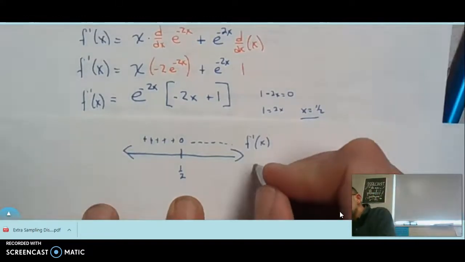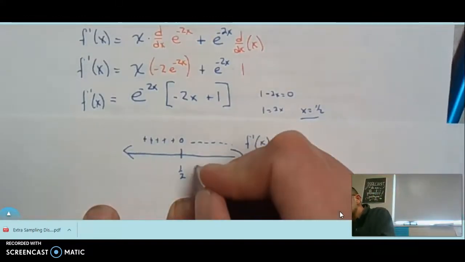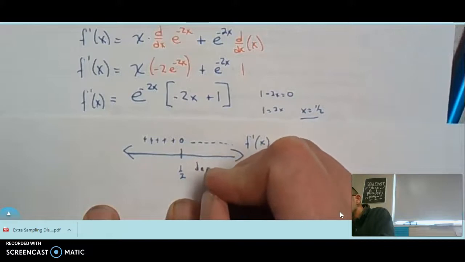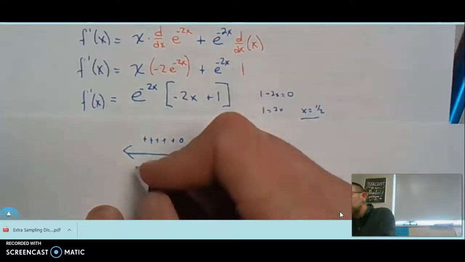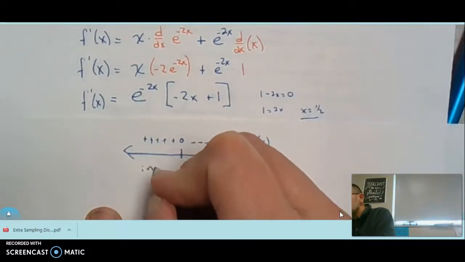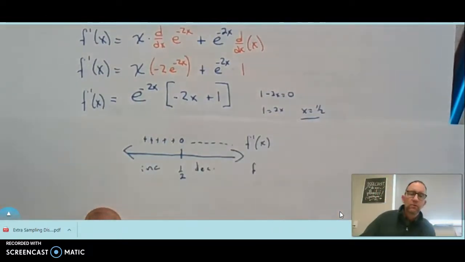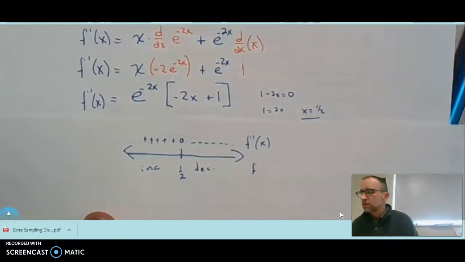When the derivative is negative, that tells me that the curve is decreasing. The function is decreasing when its derivative is negative, when the slopes of the tangent lines are negative. The function is increasing when the derivative is positive, and the slopes of the tangent lines are positive.